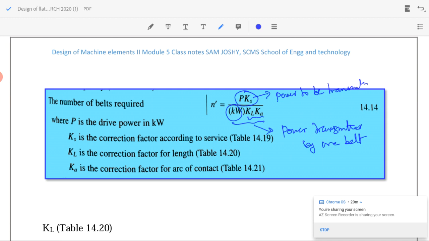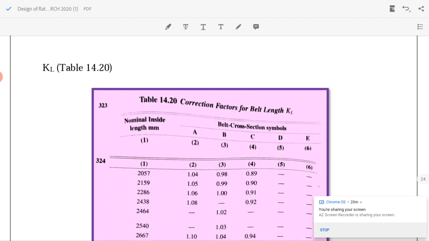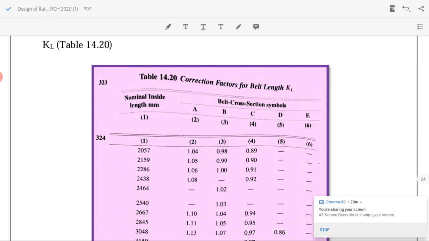So we can find the value KL and Ka, all the values are given. KL is the correction factor for length from table 14.20 and Ka is the correction factor for the angle of contact or arc of contact, table 14.21. From table 14.20, this is a table on page 323, you can refer to that.